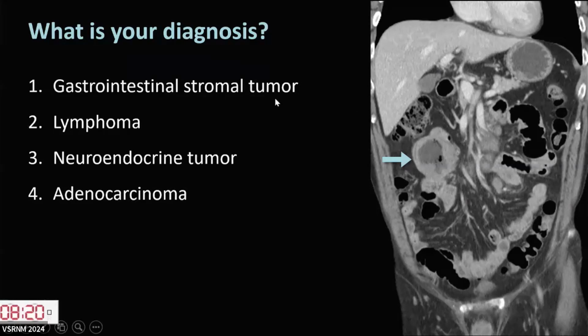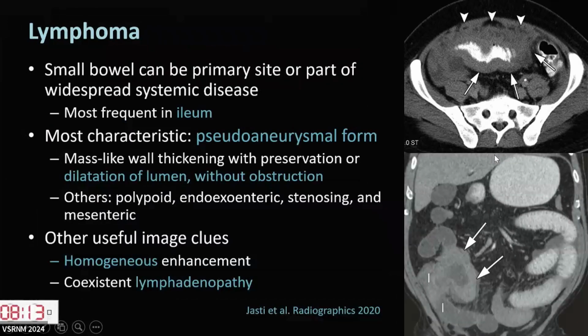Okay, so this one actually is a lymphoma, a mass with a lot of lymphadenopathy. Lymphomas involving the small bowel can be the primary site or a part of widespread systemic disease. Most frequently it will arise in the ileum.